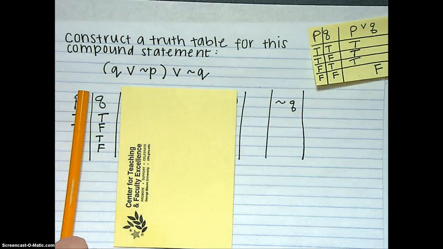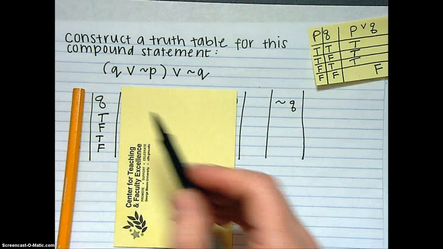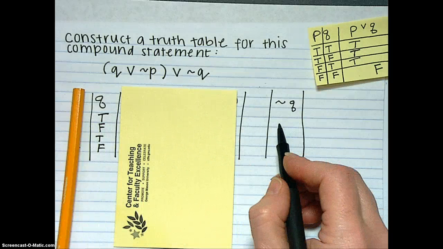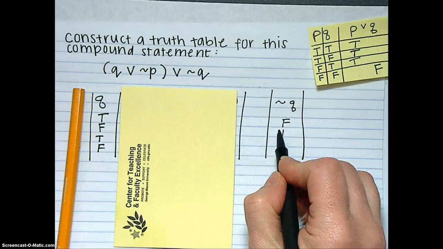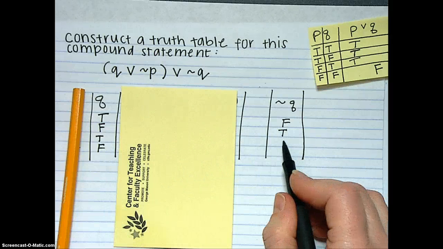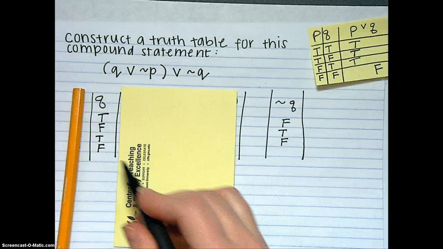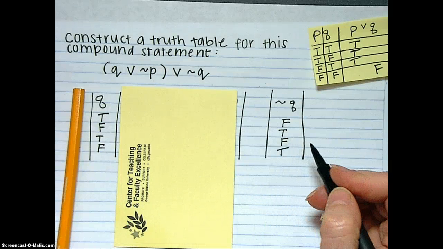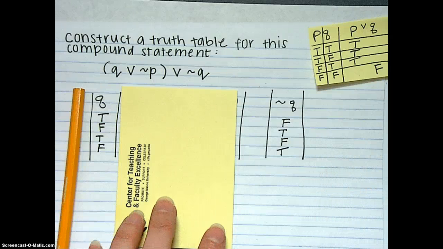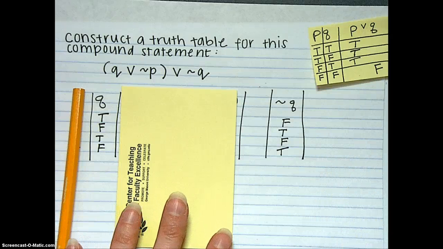And I got to read across for not Q. When it was true, we're going to have false. When it was false, we're going to have true. When it was true, we're going to have false. And false is going to have true. Okay, good.